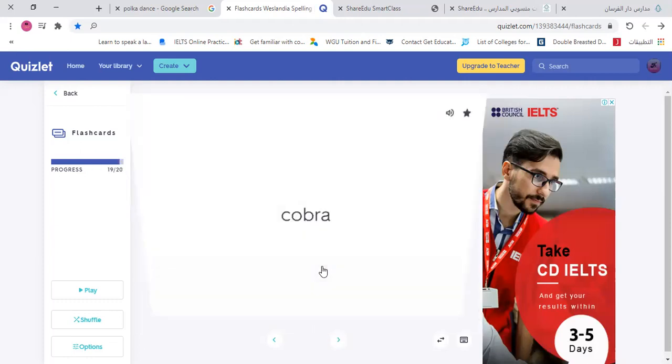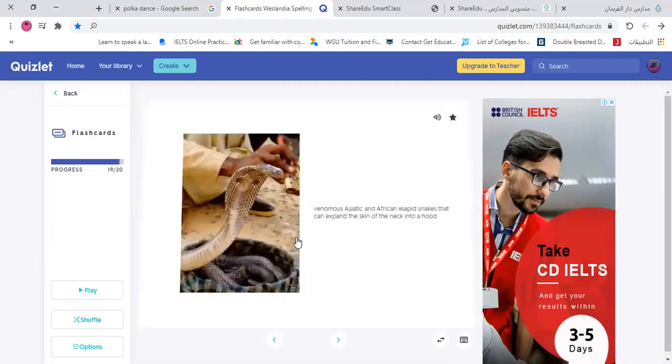Then we have cobra, of course. Who doesn't know cobra? Cobra is a type of snake, but subhanAllah, it's the most venomous Asiatic and African elapid snake that can expand the skin of the neck into a hood. You see, this kind of snake is normally the same shape, but when it wants to attack, it spreads its neck like this, and the skin goes right here and right here to make it like a hood, to scare the people.